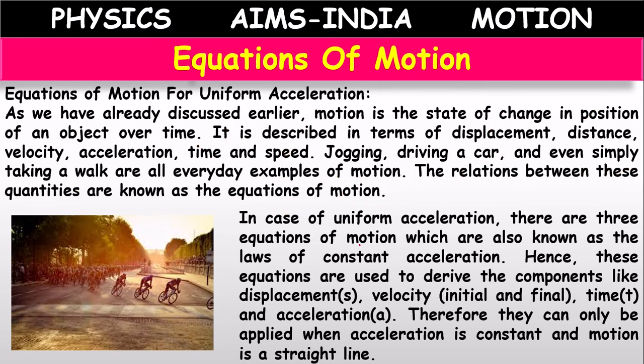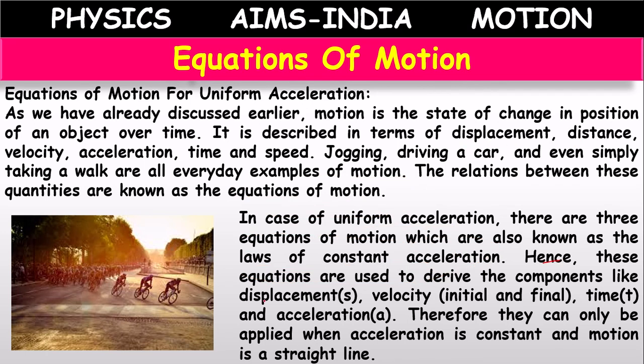When the body is in uniform acceleration, the relation between these quantities is mainly described with the help of three equations. They are known as equations of motion, or they are also known as laws of constant acceleration, because they will be applicable only if the body is under constant acceleration.